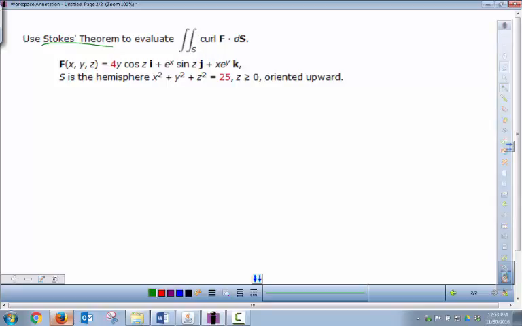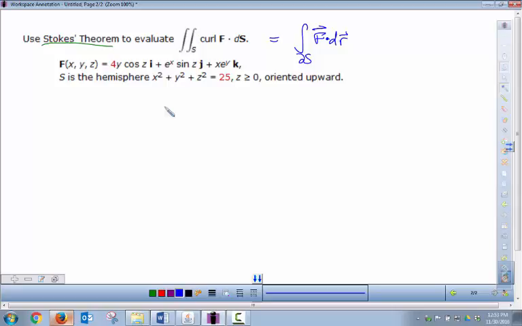So Stokes Theorem says that this should equal the line integral over the boundary of S of your vector function dotted with the little s, or I think we use r. Now we have to figure out what r is equal to, that curve with a specific orientation.